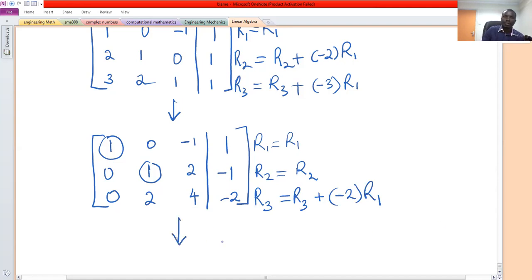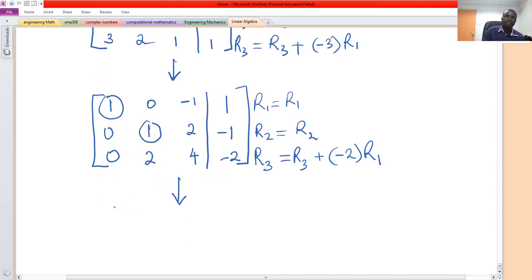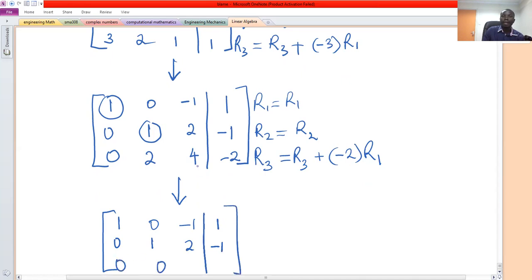So that leads us to 1, 0, -1, 1, and then 0, 1, 2, -1. This would be 0, 0. 4 plus -2 times 2 is 0. -2 plus -2 times -1 is 0.